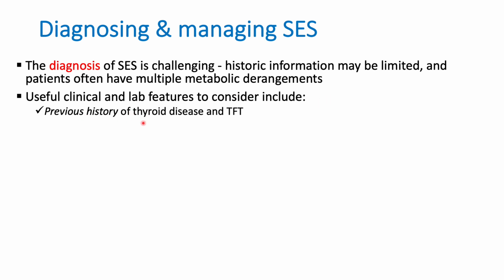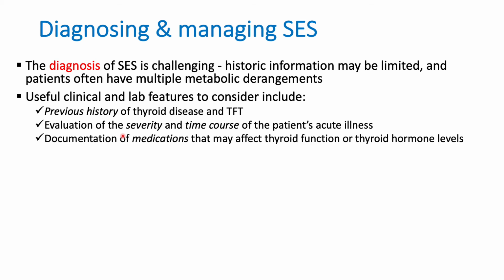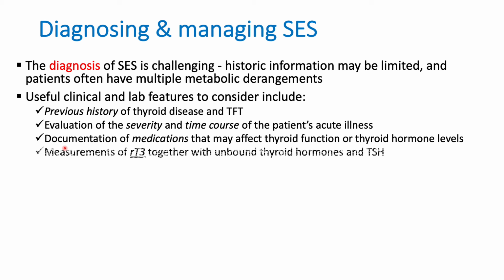Try to see if you can obtain any prior labs for the patient regarding thyroid function tests that have been done before. And then also look into the time course of the acute illness and the severity of the illness, because that also can affect the levels, as we saw in the diagram. Look closely into the medications: prescription medications, over-the-counter medications, or even herbal medications, because a lot of medications can actually affect the thyroid function, and they can be contributing to the acute illness as well.